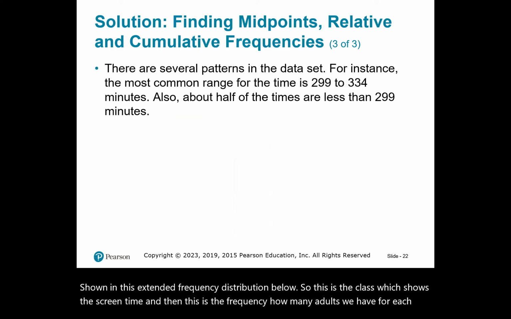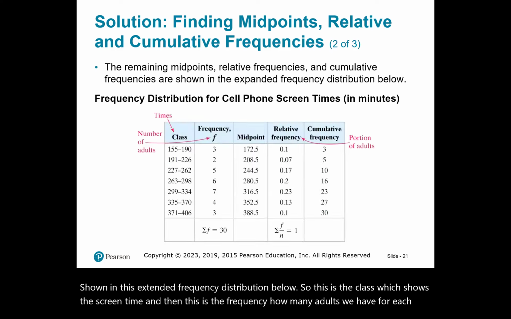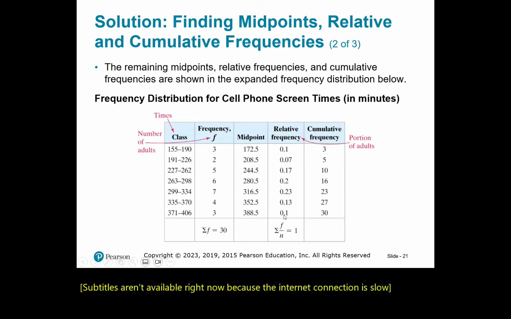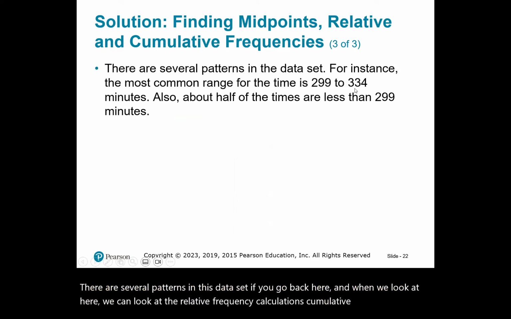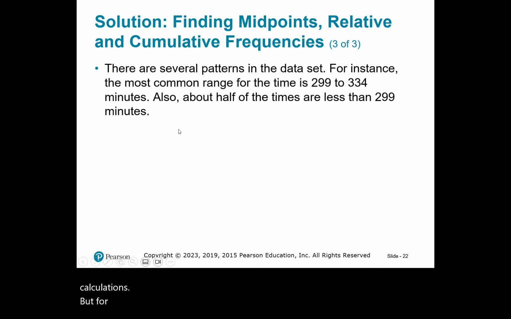There are several patterns in this data set. If we go back and look at the relative frequency calculations and cumulative frequency calculations, for example, the most common range for the time is 299 to 334 minutes. So let's see.